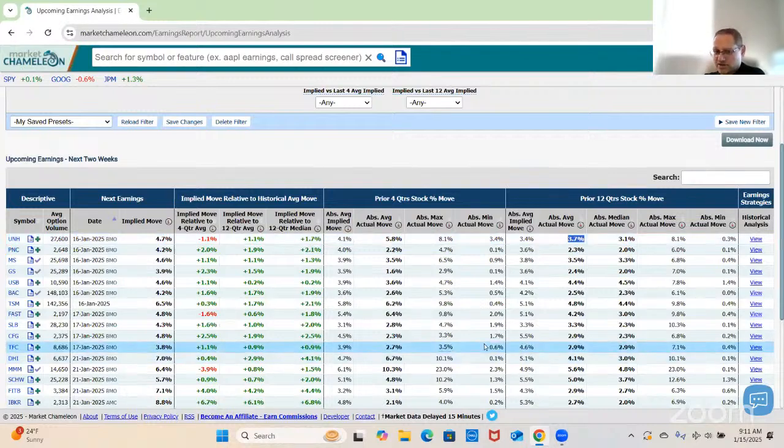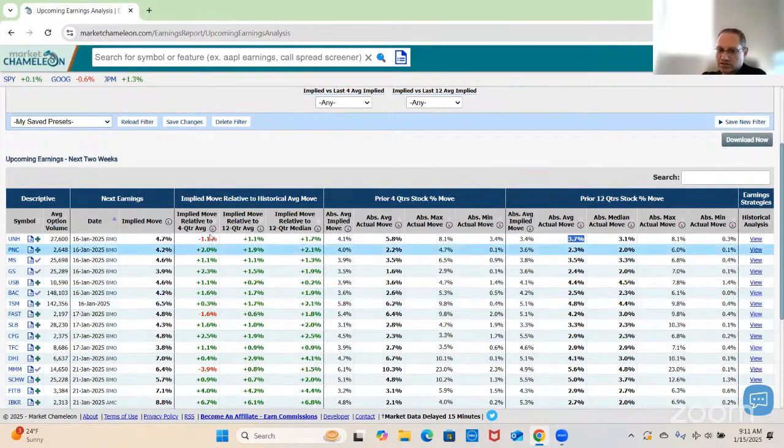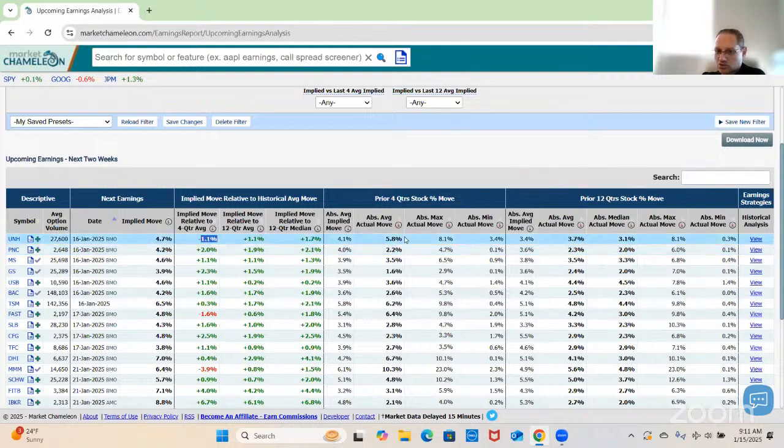How does that 4.7% straddle compare to actual moves in the last 4 quarters? Well, that's what this is. This is just really quickly making a calculation: the difference between the implied move and the last 4 quarters of actual earnings moves, the last 12 quarters of earnings moves, and the implied move relative to the median of the 12 quarters.